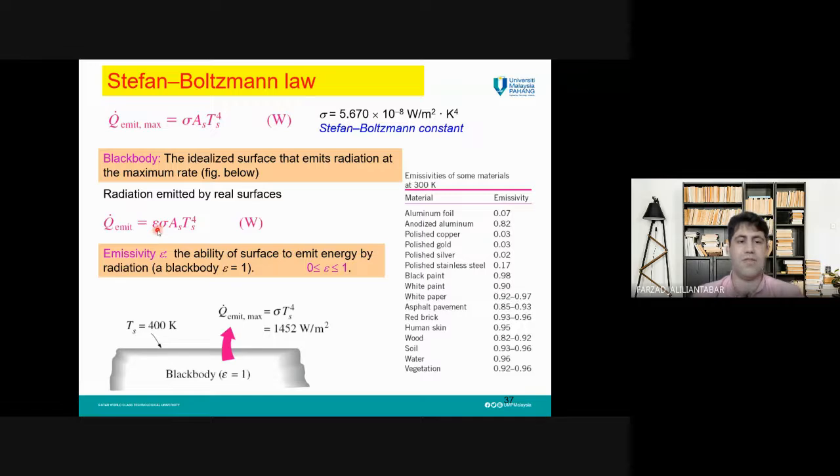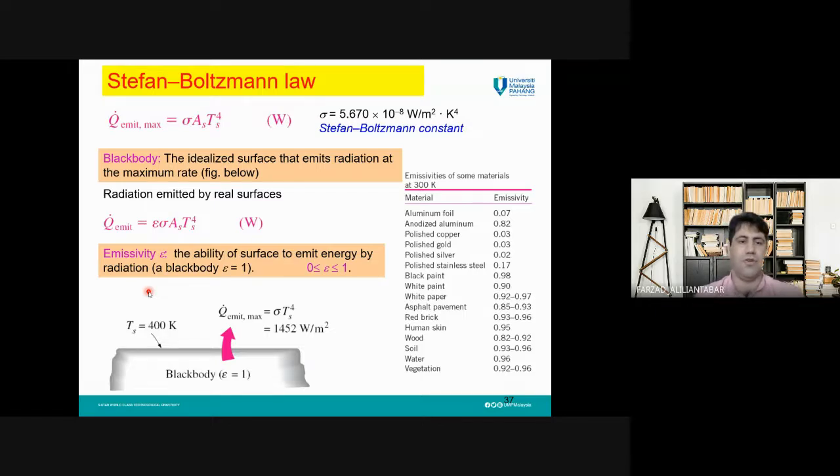Epsilon is a property which we call emissivity. What is emissivity? Emissivity is the ability of a surface to emit energy by radiation. Why is it different for substances? You already know about that. You know, for example, the black colors compared to the light colors like white, like yellow.